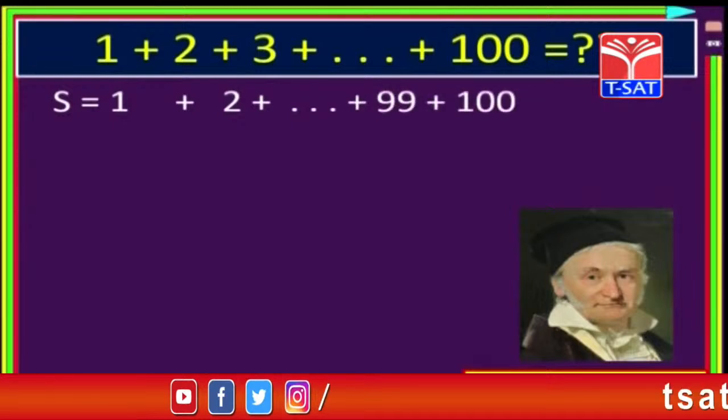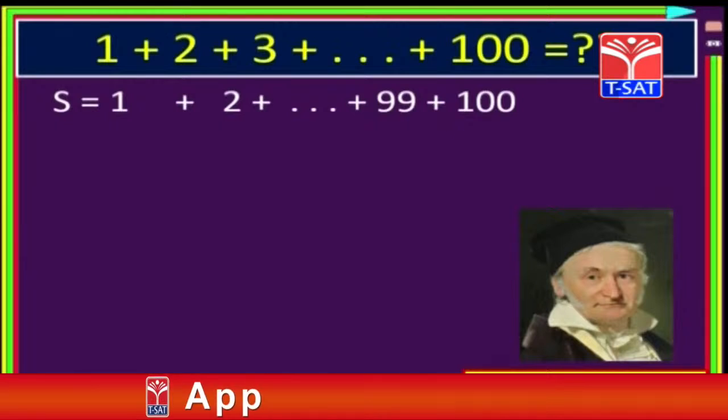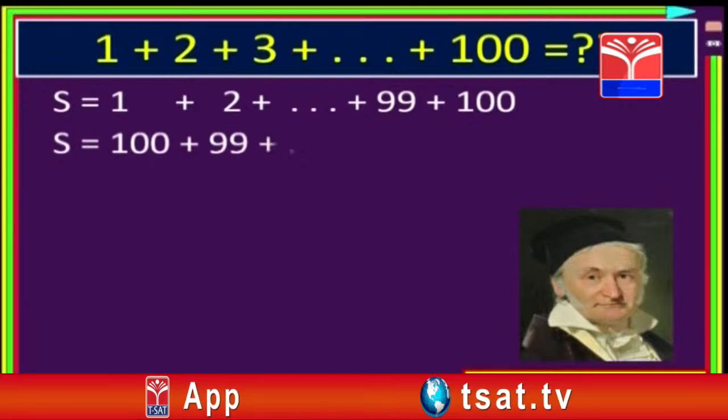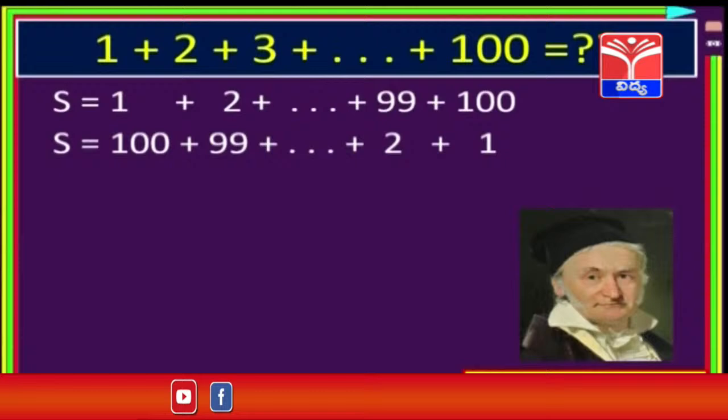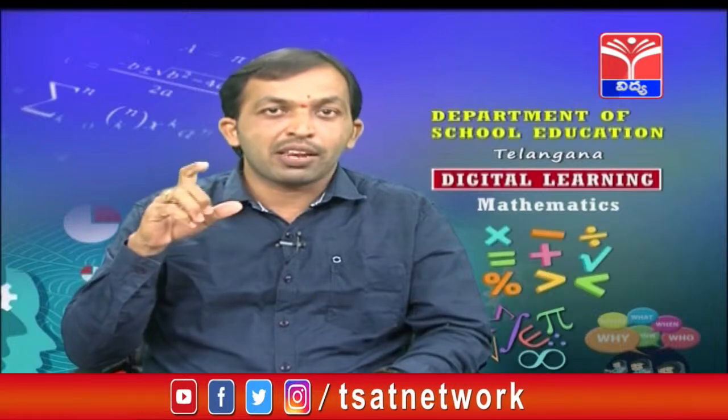So what did he do? He took S is equal to 1 plus 2 plus so on 99 plus 100. He assumed the sum is equal to S. After that he wrote the same sequence in reverse order, that is S is equal to 100 plus 99 plus so on 2 plus 1.